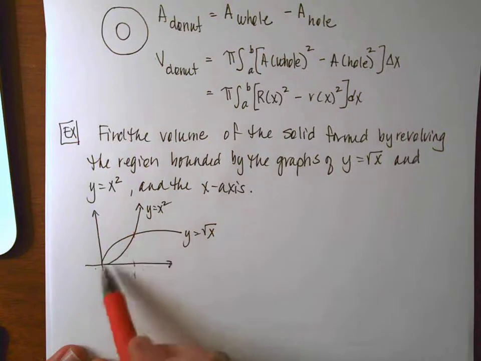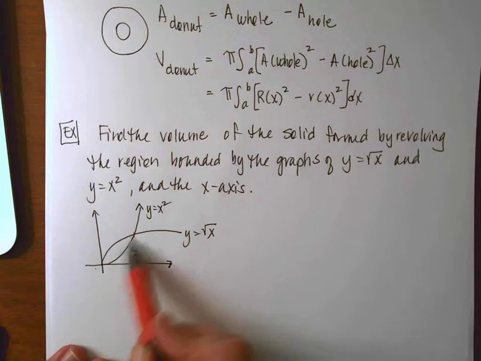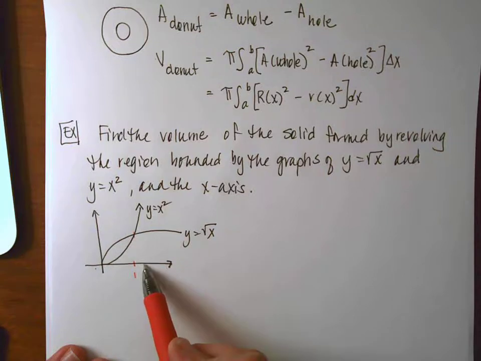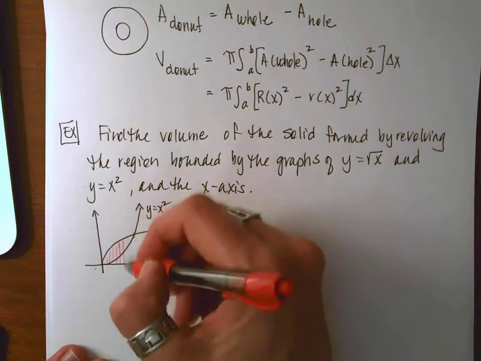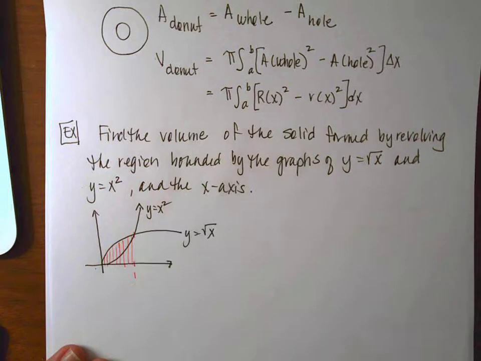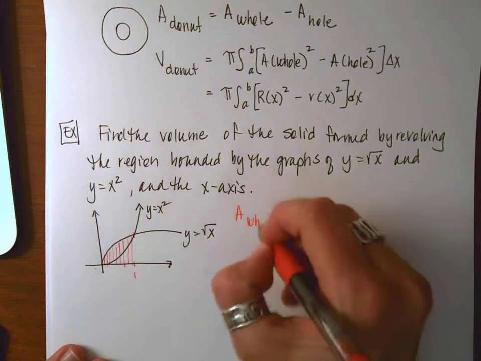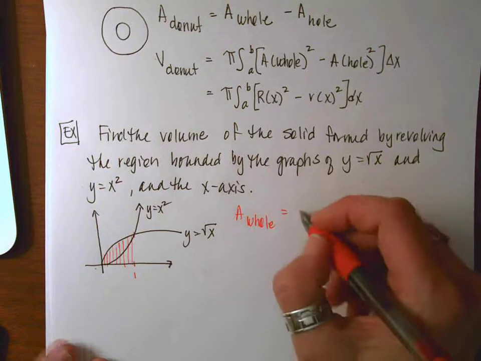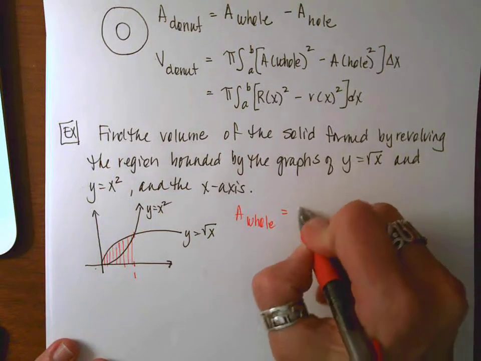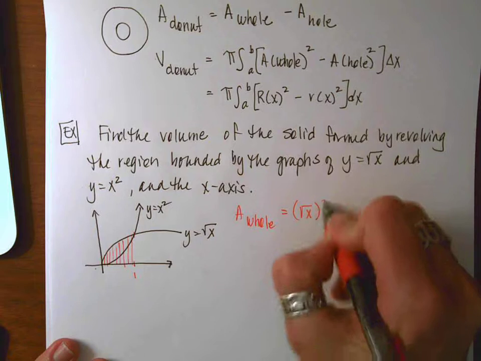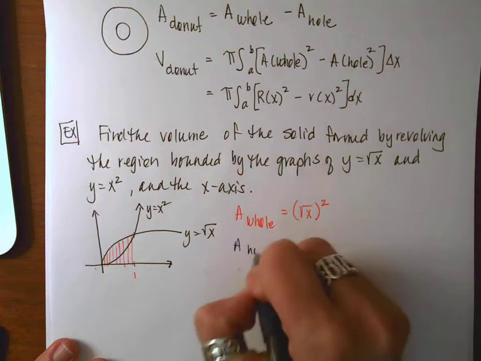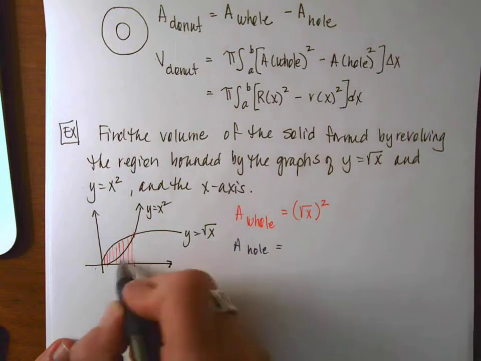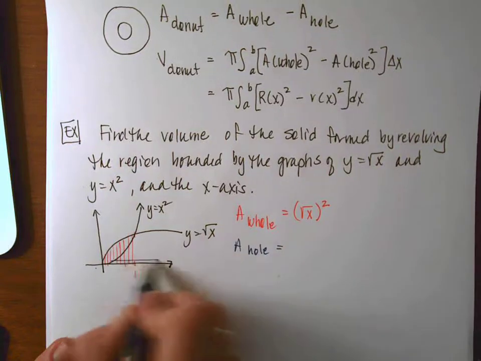But I want to revolve this cute little fish-looking shape right here about the x-axis. So if I think about my area of the whole, and I'm going to use my red one, the area of the whole would be that. And so I'm going to write the area of the whole is going to be my radical x, quantity squared, and then my area of the whole is going to be this part down here.